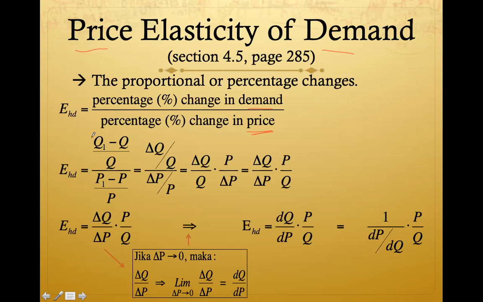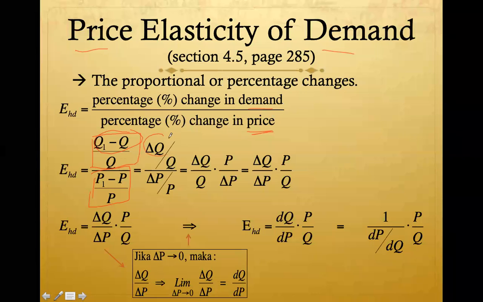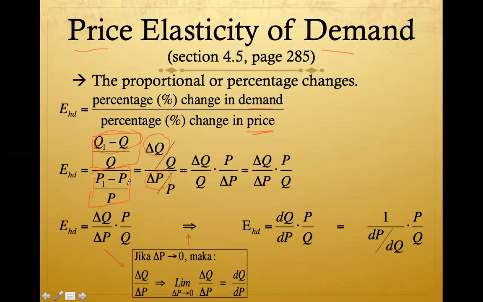So this is the percentage change in demand, and this is the percentage change in price. Or we can call it the difference in Q, and this is the difference in P. Then dQ divided by Q times P.